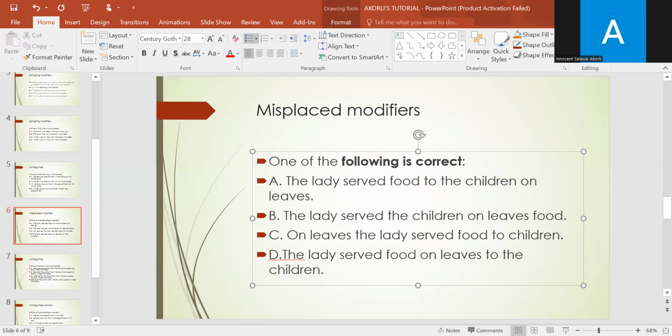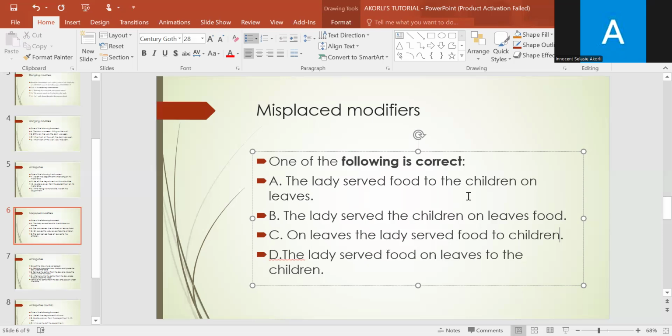We say that if you look at this, there are nouns here. Lady is a noun, food is a noun, children is a noun. But then a modifier, something that qualifies or describes children, is on leaves, which follows immediately after children. In this case, on leaves means that the children were located or sitting on leaves at the time the woman served the food.